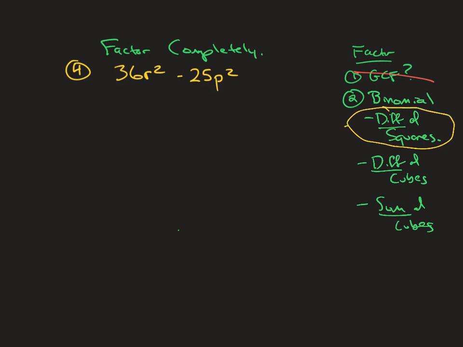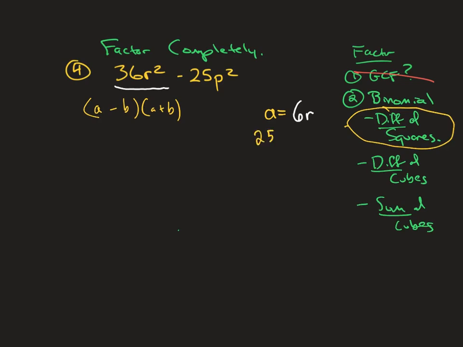So we're doing a minus b, a plus b is our formula. A in this case, again, is the square root of the first term. So if we're looking at this 36r squared, the square root of 36 is 6. The square root of r squared, the thing that multiplies to make r squared, is r.